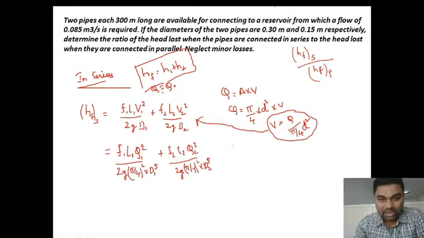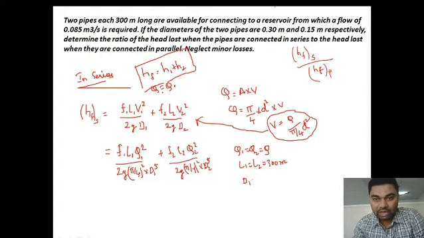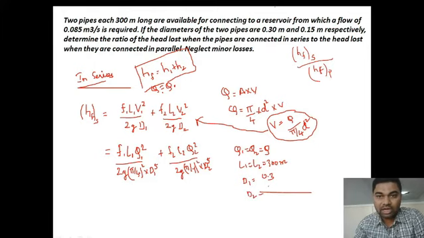Here, as this is a series connection, Q1 is equal to Q2 is equal to Q. L1 is equal to L2 is equal to 300 meters, as given in the problem. Diameter D1 is 0.3 and diameter D2 is 0.15.